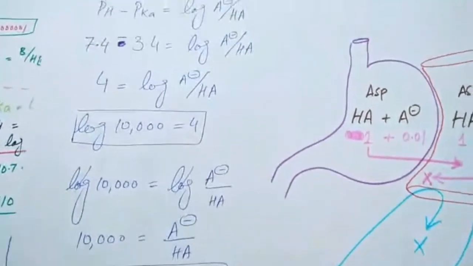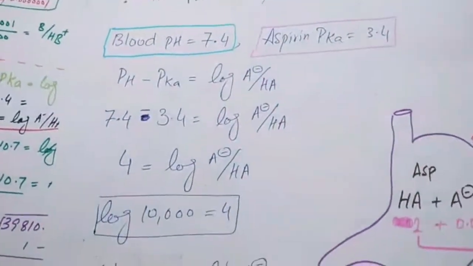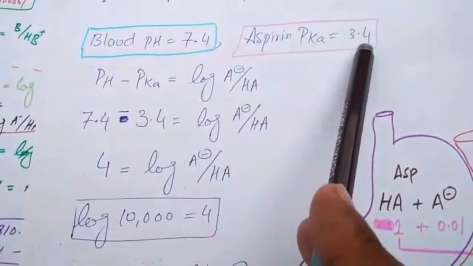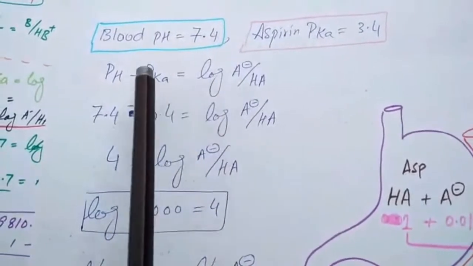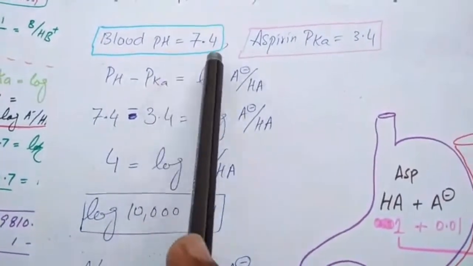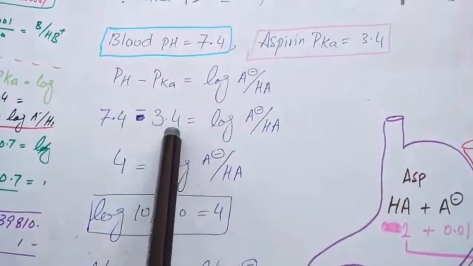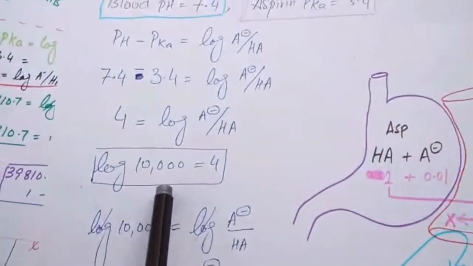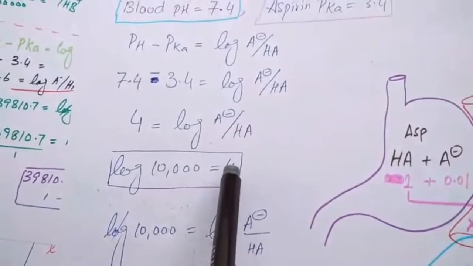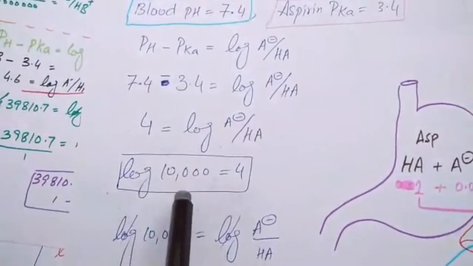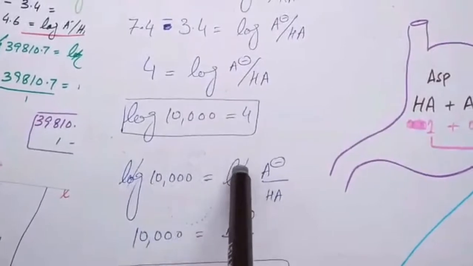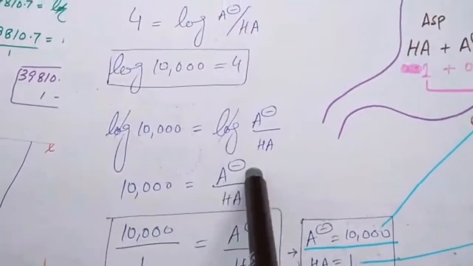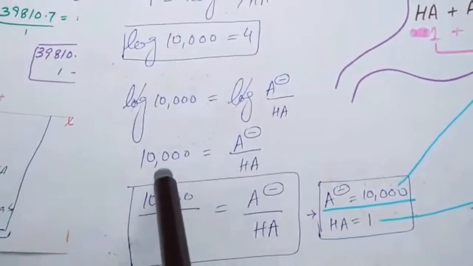In the case of blood, the pH is 7.4 and the pKa of aspirin is 3.4. So now in the HH equation, put pH 7.4 here and the pKa of aspirin 3.4 here, which gives 4. If we take the log of 10,000 we get 4, okay. Now replace 4 with log 10,000 and cross it over: 10,000 is equal to A minus divided by HA.